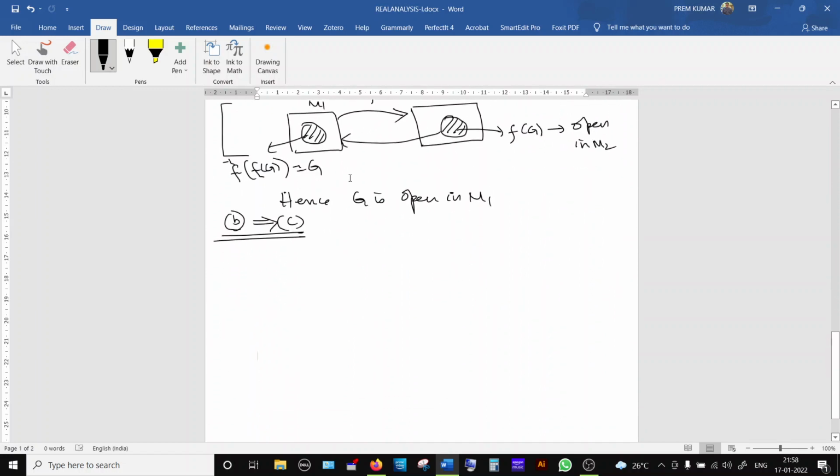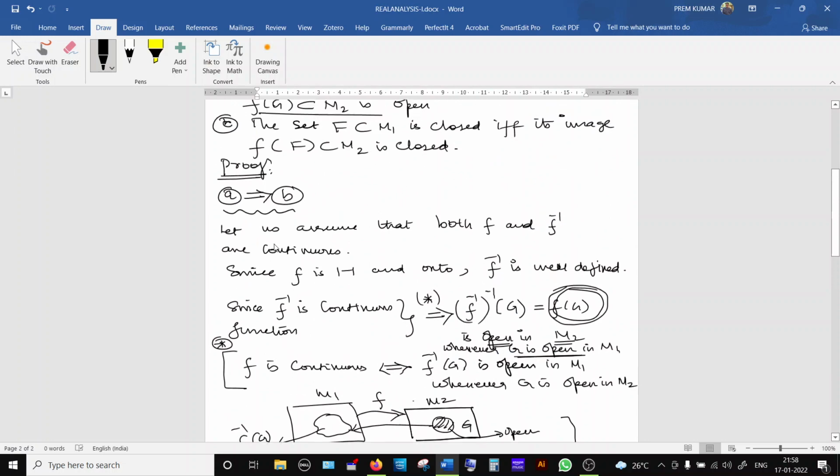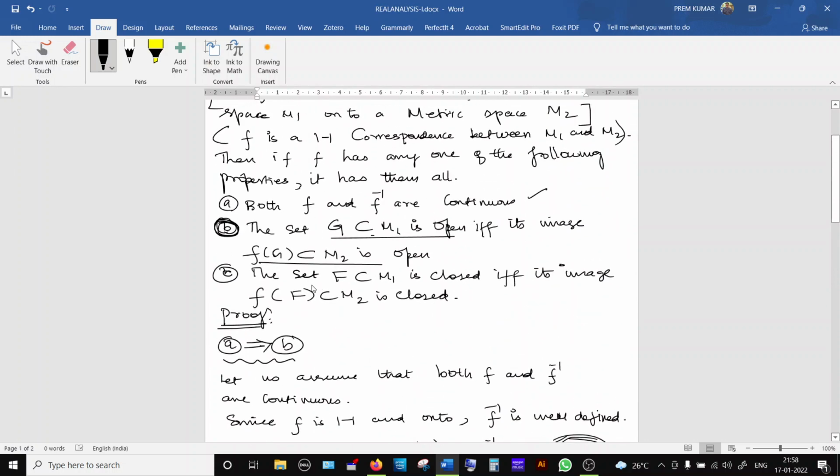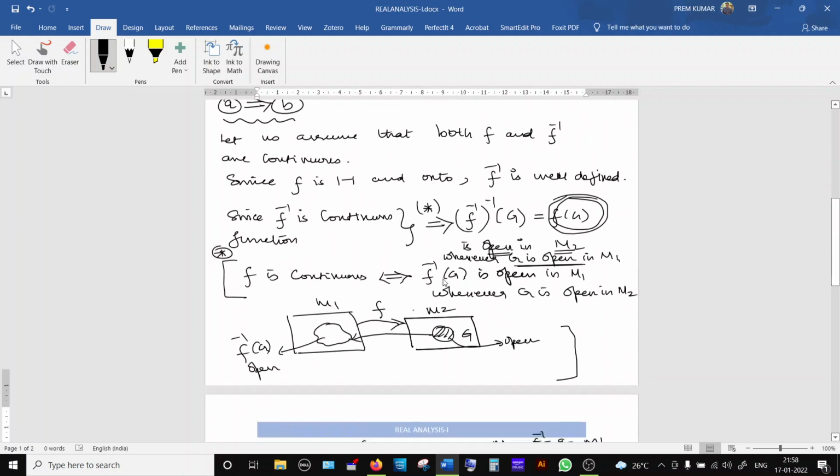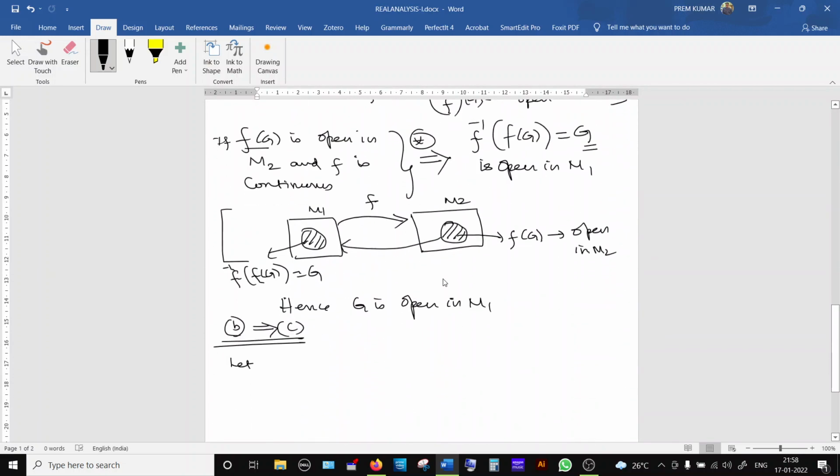That is C. So we are going to assume that B is true. Now let us assume that this also contains a necessary as well as a sufficient part. First we will assume that F is closed, then we will prove that f of F is closed. Then we will assume that f of F is closed, then we will prove that capital F is closed, assuming that the statement B is true.